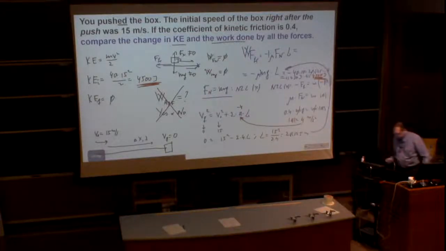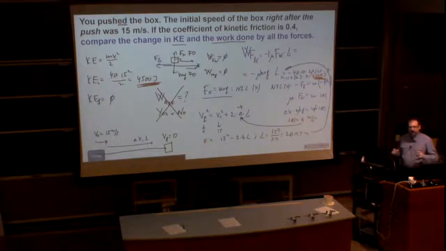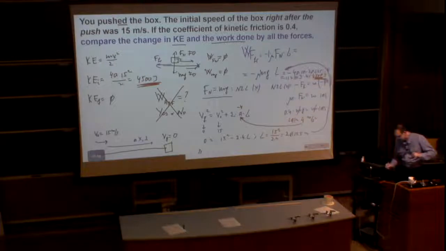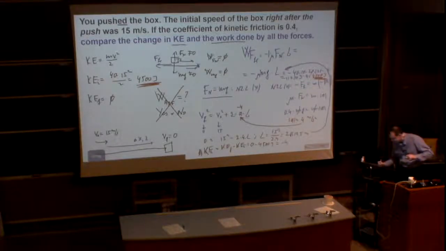Technically, in physics, when we want to compare something, we calculate change. How did kinetic energy change? Change is equal to final value minus initial, so 0 minus 4,500 joules, negative 4,500 joules. Kinetic energy decreased from something to nothing. And the friction does negative work, negative 4,500.